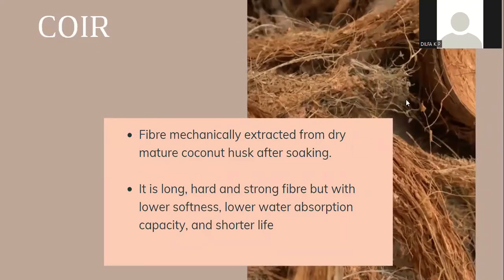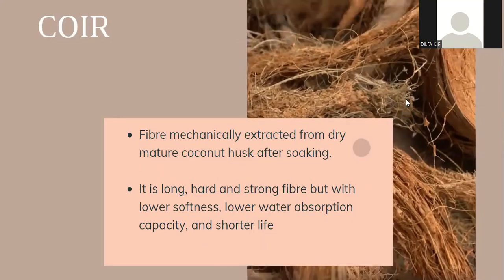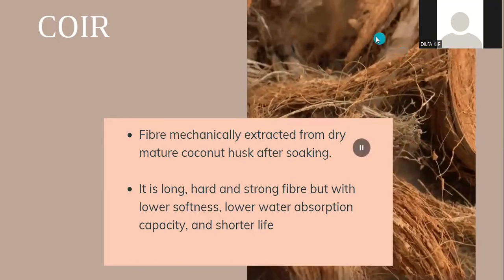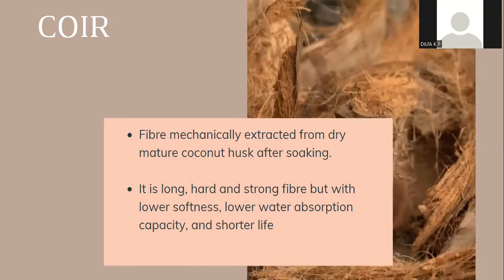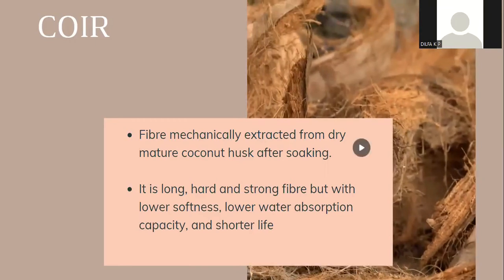Okay, now the next fiber is coir. Now about coir, in Kerala, especially in areas like Alappuzha, the processing of coir is a very important industry here. The fiber is mechanically extracted from dry mature coconut husk after it is soaked.